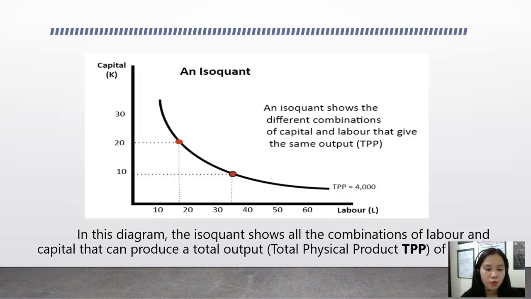An isoquant is usually concave because of the law of diminishing returns: with fixed capital, employing extra workers gives a declining increase in the marginal product, or MP. But even though they have different combinations of labor and capital, they produce the same output.